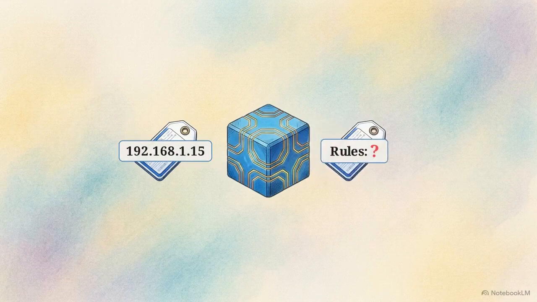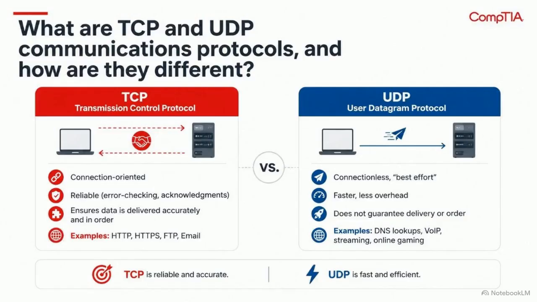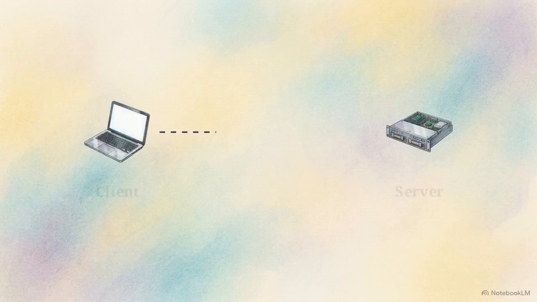Once the IP address is secured, the system has to dictate the exact rules for delivering the data. This calculation occurs at the transport layer. This diagram compares the two foundational transport protocols, TCP and UDP. The Transmission Control Protocol, or TCP, is connection-oriented. It establishes a formal two-way handshake between devices before a single byte of data is sent. It enforces strict reliability.